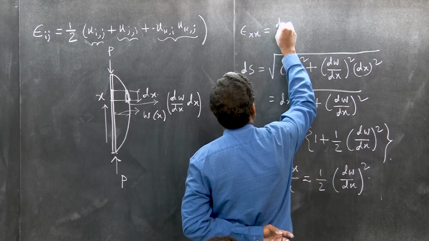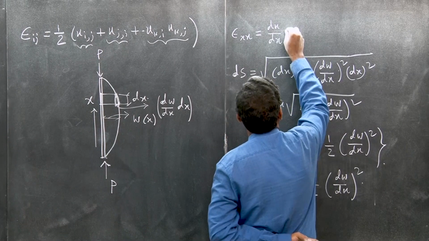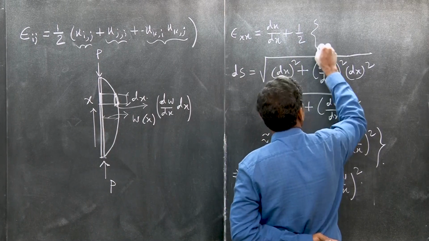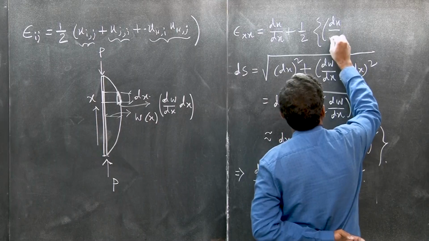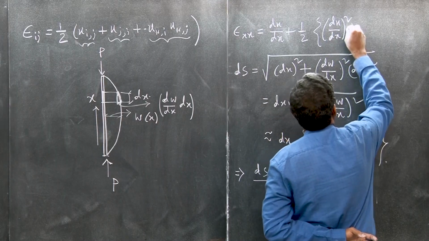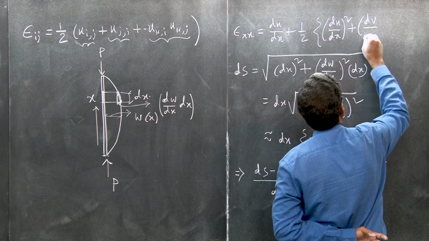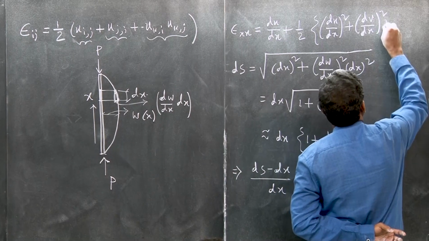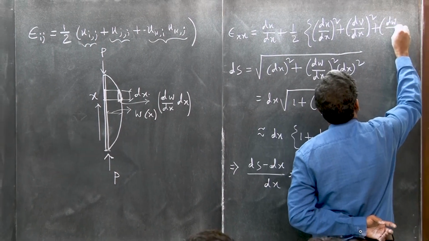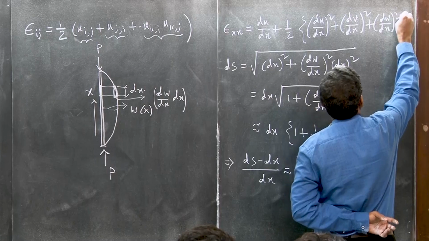It is nothing but du/dx plus half (du/dx) squared plus (dv/dx) squared plus (dw/dx) squared, right.